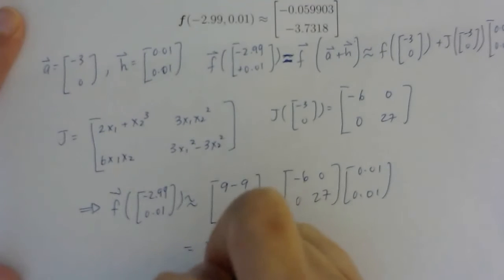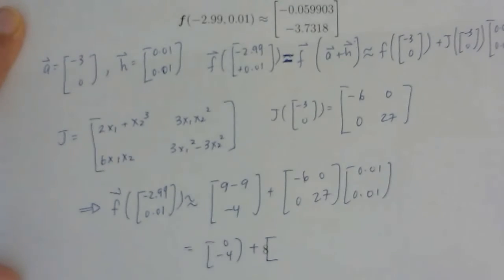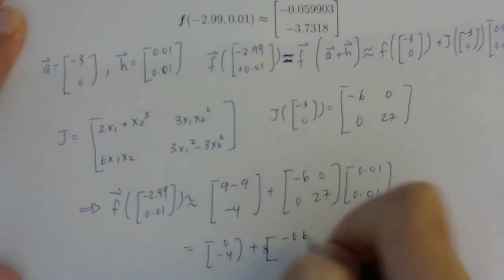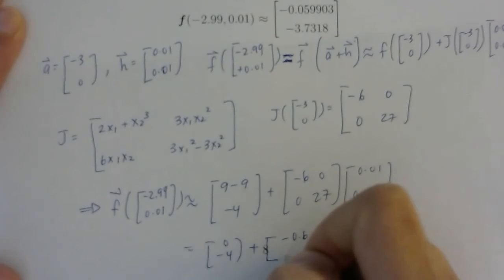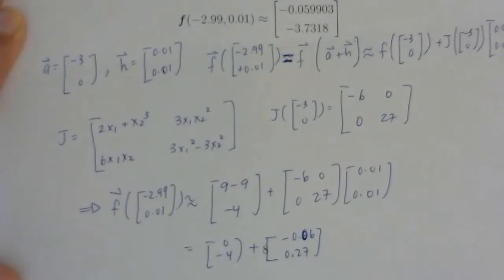So that is 0 and minus 4 plus, put my page number there, minus 0.06, 0.27, 0.06. There we go.